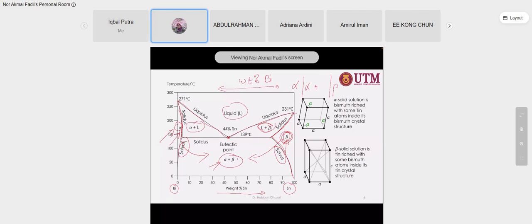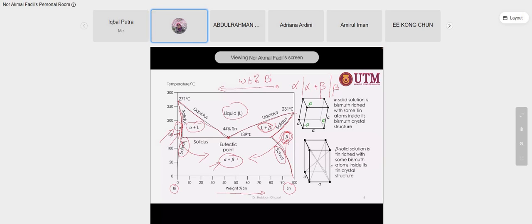For example, the next will be beta, so in between is alpha plus beta. If you look under a microscope, you can see two different colors of microstructure. One is darker than the other, so it means there are two phases.